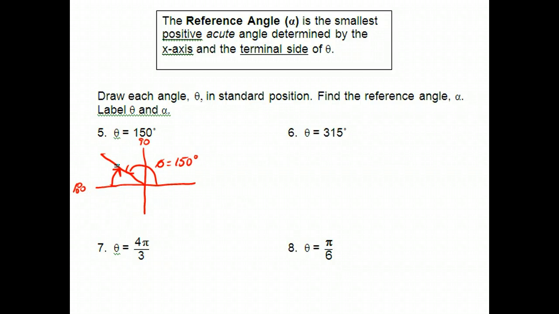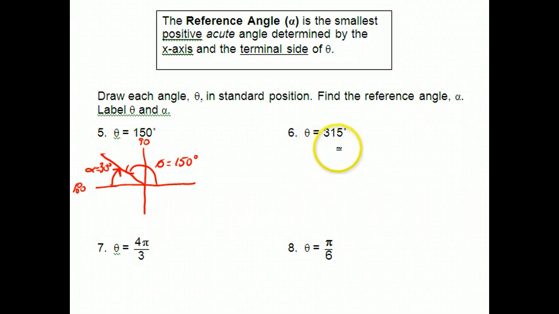Okay, so if I know that this one is 150 and I've got 180 up to here, then this angle here must be 30 degrees. So theta, or sorry, alpha, our other angle here, our reference angle, must be 30 degrees.